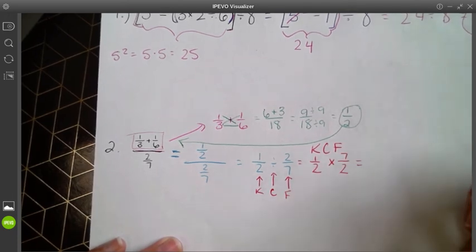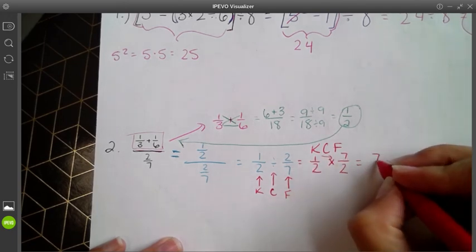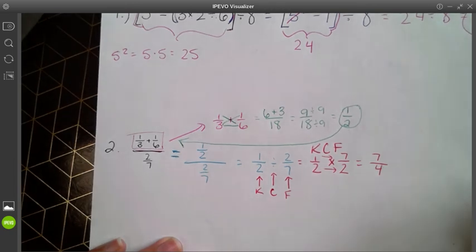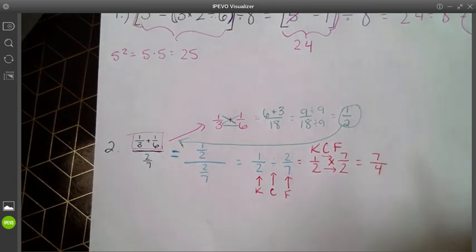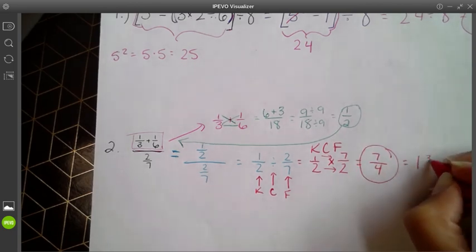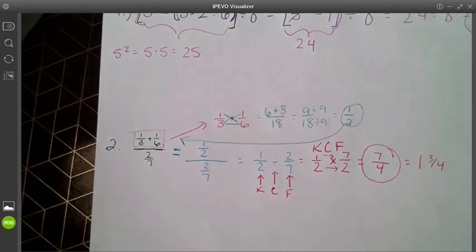Now, multiplying fractions, you just multiply across, so I have 1 times 7, which is 7, multiply across. 2 times 2, which is 4, right? I can't divide 7 and 4 by anything, so I can just stop there. You can go further and rewrite this as 1 3/4 as a mixed number, but I prefer you just keep it as an improper fraction at this point, so you're not taking that extra step and maybe making a mistake.